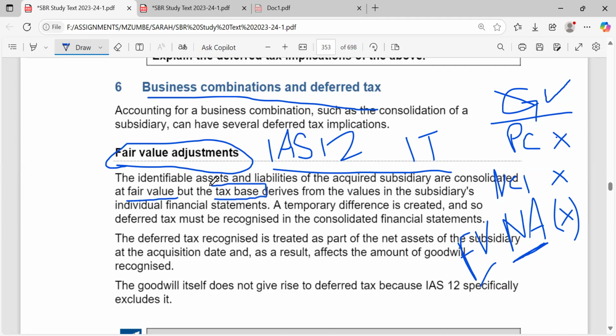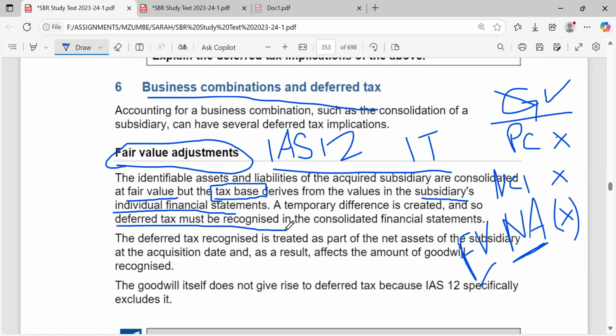Once the identifiable assets and liabilities are taken at fair value, the tax base is derived from the values in the subsidiary's individual financial statement. So there are likely to be differences here.